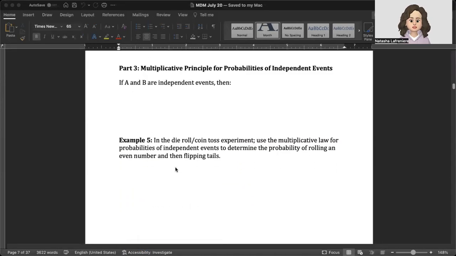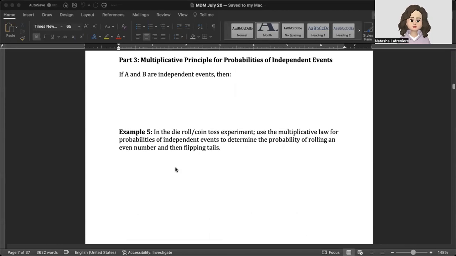So we've got part 3, which is the principle for probabilities of independent events.